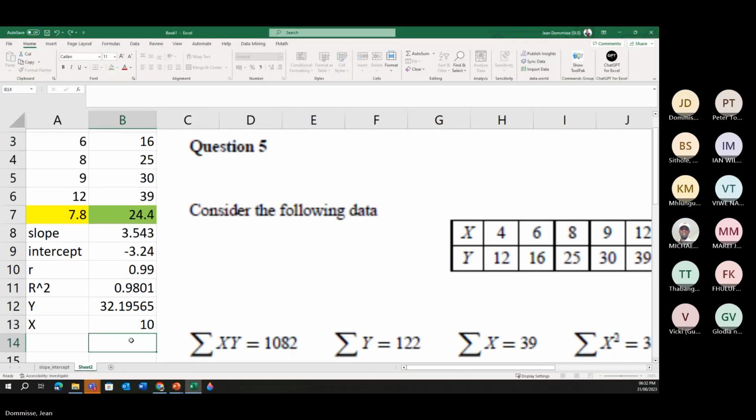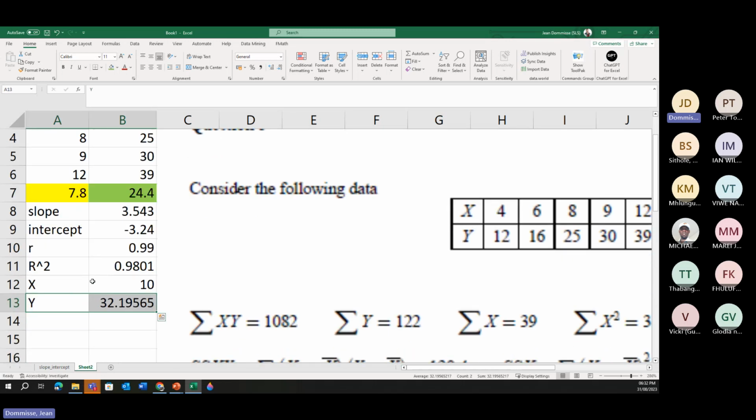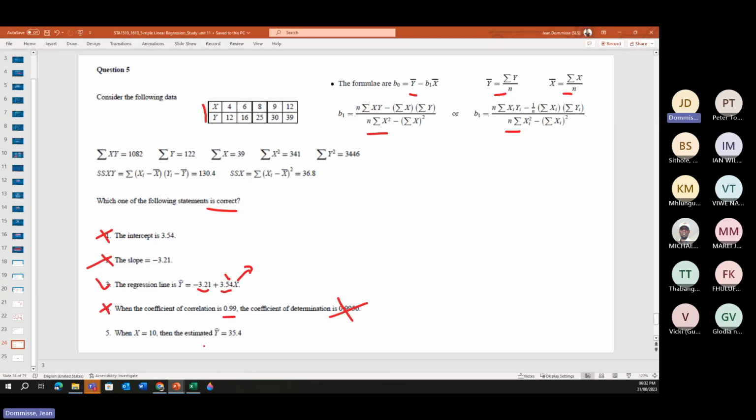I want to make sure that we get the order right. If we added in an x of 10, our answer would have been 32.2. They told us the answer is 35.4, so that one is also wrong.